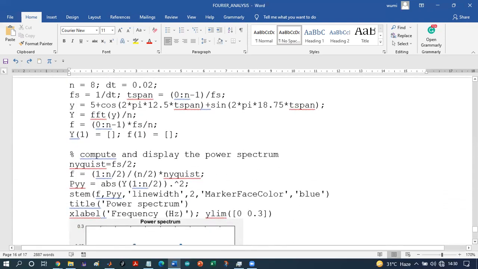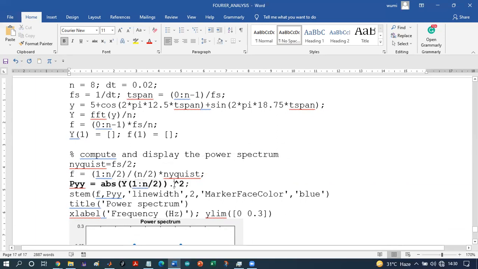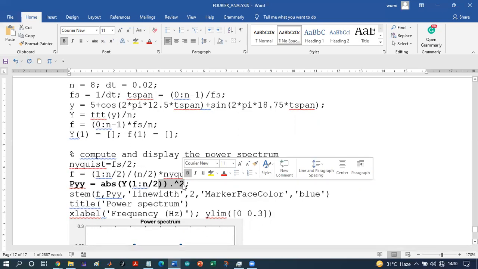It's basically the same as that Matlab code. The only difference is this line, the bold one that calculates the power spectrum. The absolute value function, then squared. Note how to do it in Matlab and by hand.